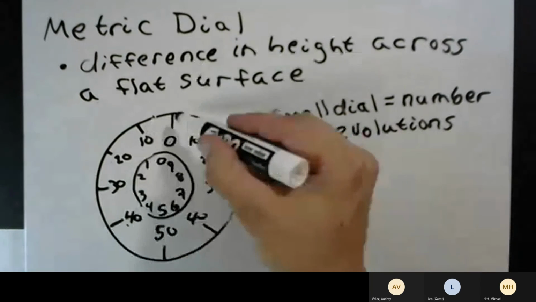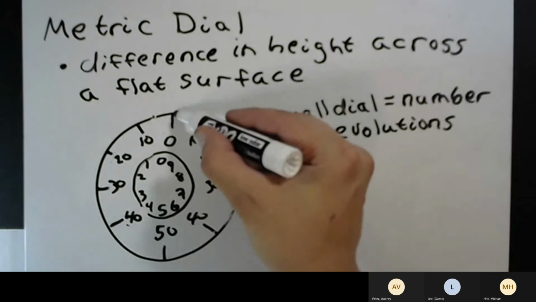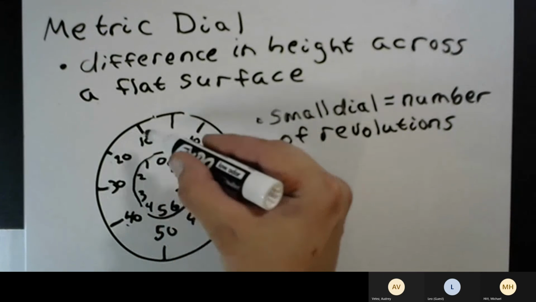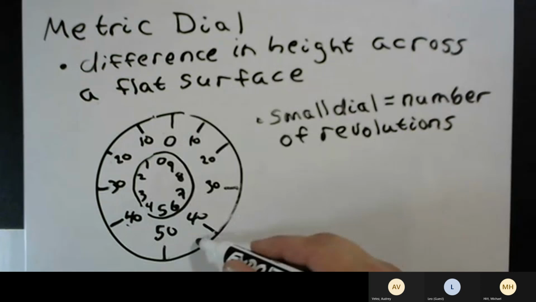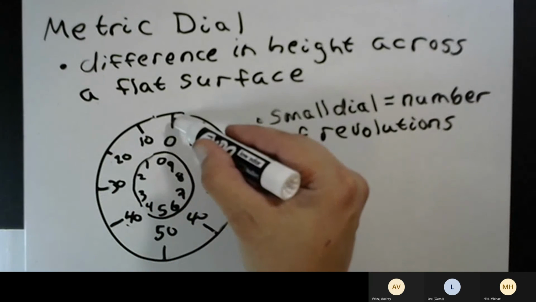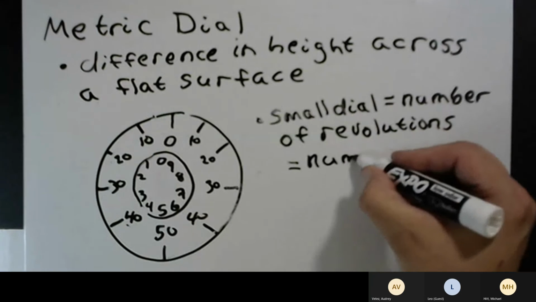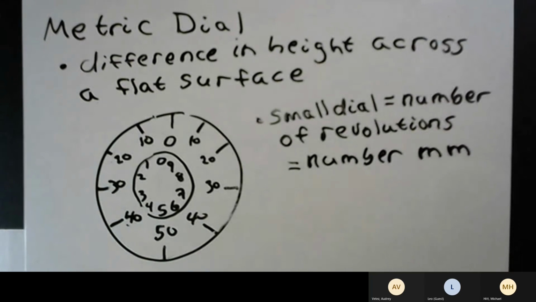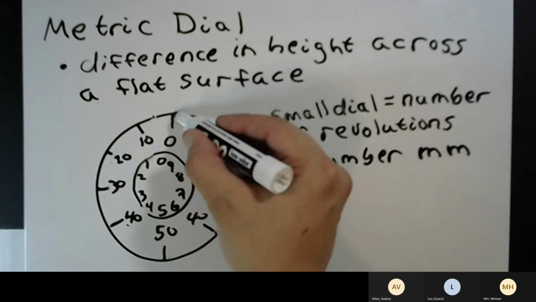So what we're doing, if you revolve all the way around, you're going from 0, 10, 20, 30, 40, 50, 60, 70, 80, 90, 100. Well, 100 what? Well, one rotation is 1 millimeter. So the number of revolutions is the number of millimeters. So a full revolution is a millimeter.